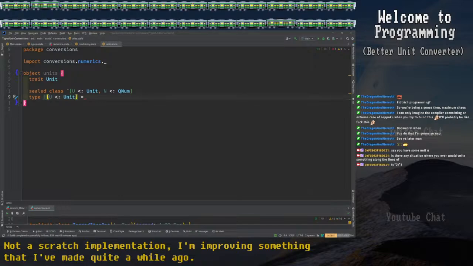Okay, now my biggest question is still a thing. Will there ever be a situation where I would have to write something as screwed up as unit squared cubed? Is there ever a situation where I have to write that?